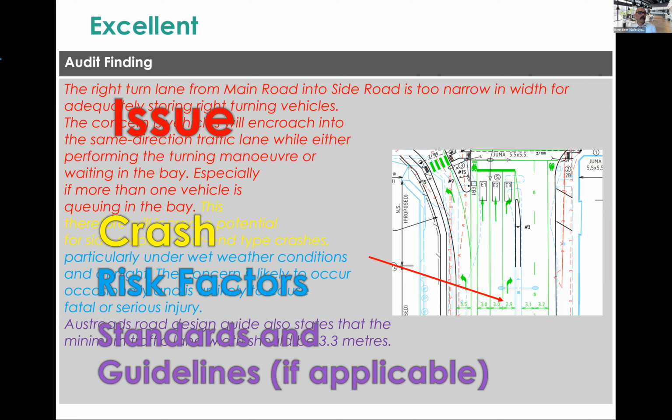So really that formula, that recipe, the snip pointing at it, we can see what's wrong there. It's too narrow a right turn bay, and it's going to cause some rear end crashes and potentially sideswipe crashes, and going to be worse in wet weather and at night, and doesn't meet the Austroads guidance, which talks about a 3.3 meter minimum.